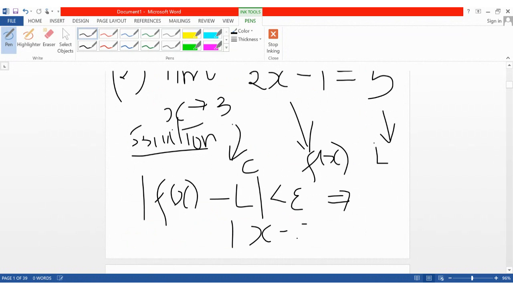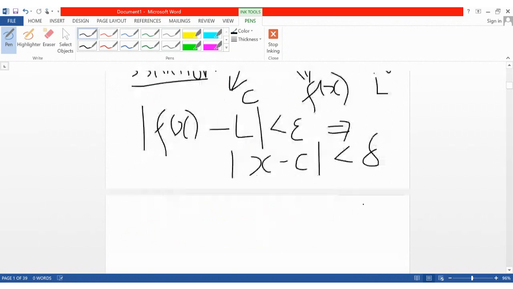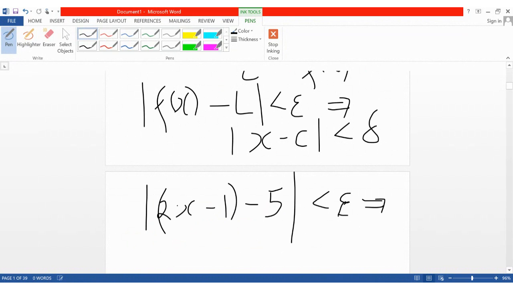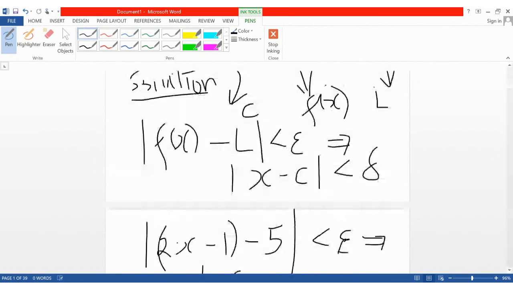We have 2x minus 1, all of that we subtract our answer, which is 5, is less than epsilon whenever x minus c, our c is 3, is less than delta.